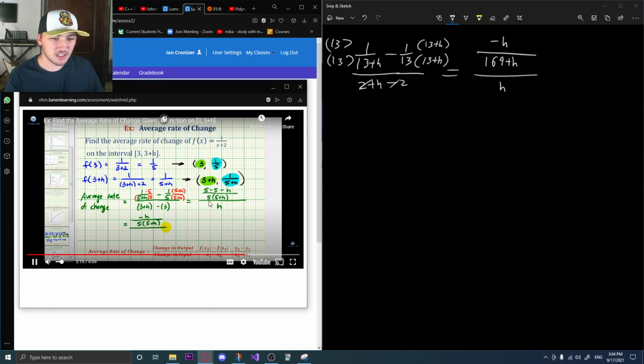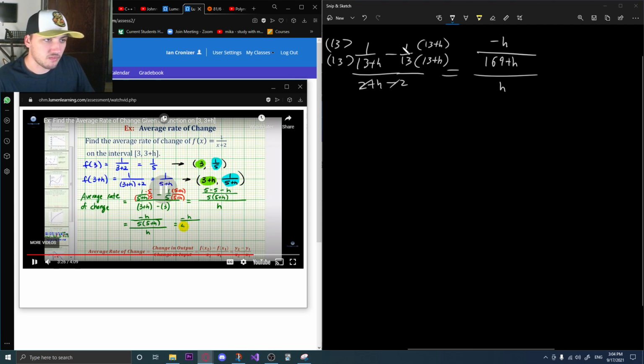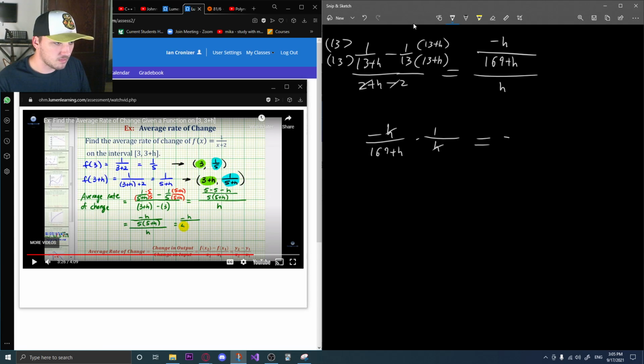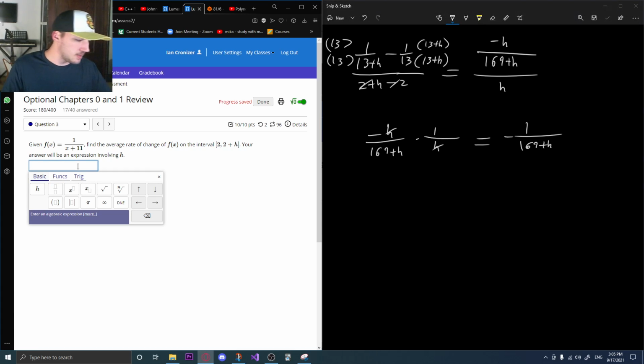I could write it as 13 times 13. This is a multiplication problem. We have negative h all over. Really, what I could do here times, these would cancel, so it would just be like that, right? That's how the answer looked the last time.